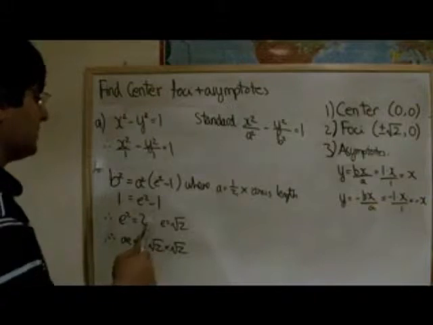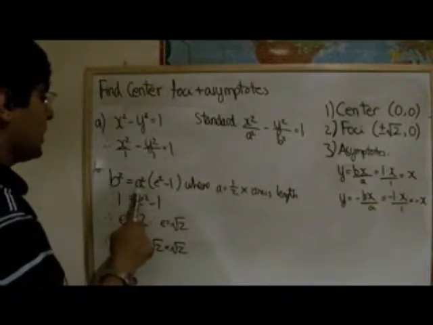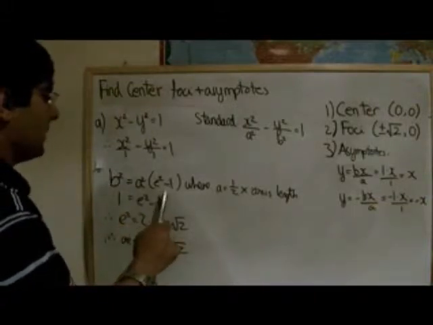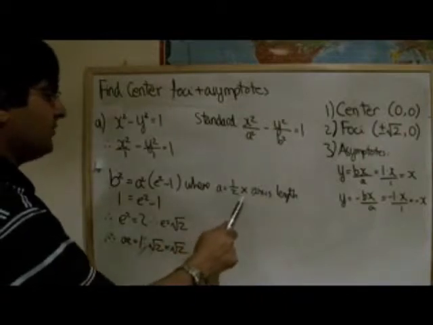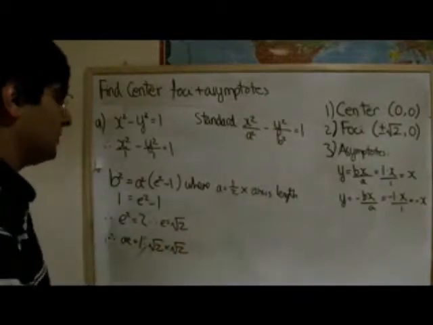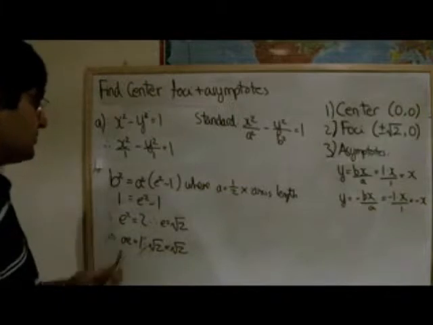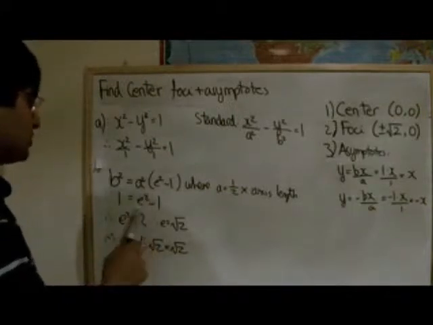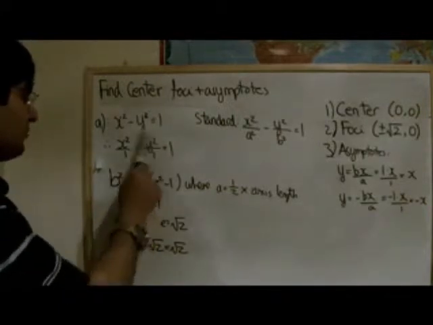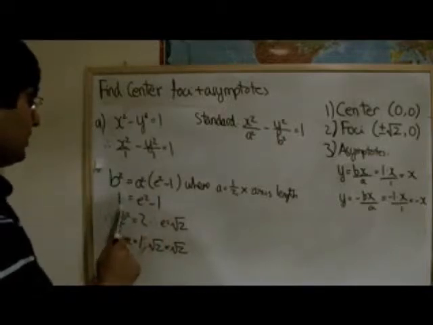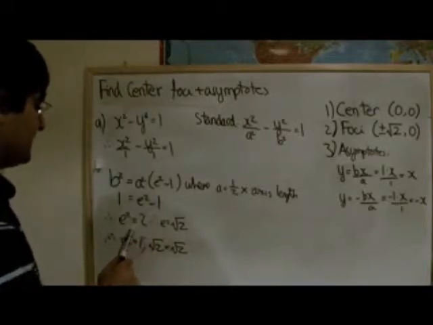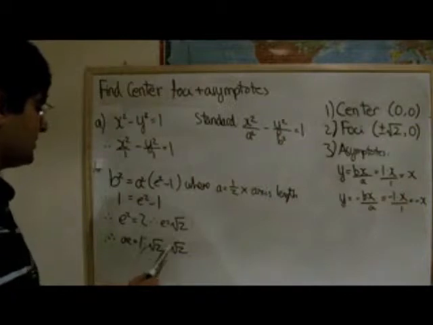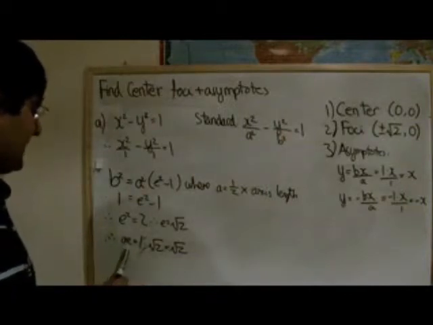So in the case of a hyperbola, b squared is equal to a squared times e squared minus 1, where a refers to half of the axis length of the hyperbola. If we substitute our values, because we know what b squared and a squared are from this equation, 1 is equal to e squared minus 1, e squared is 2, therefore e is square root 2. And ae is therefore going to be square root 2.